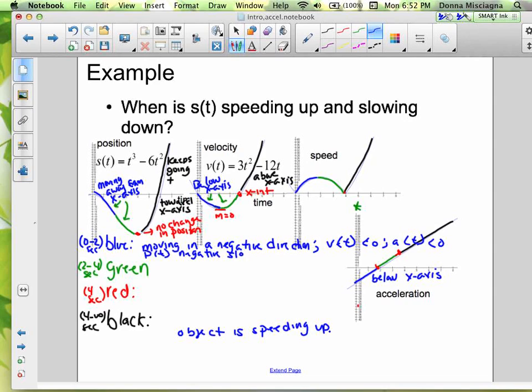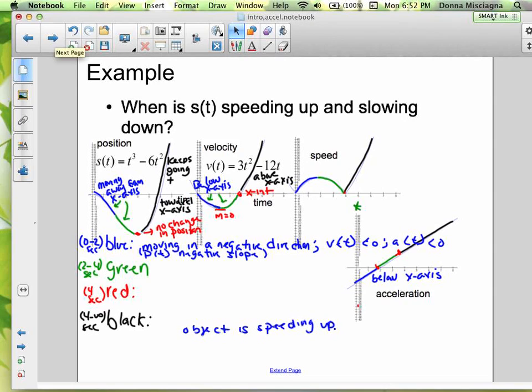Right, because p of t could be positive, it could be above the x-axis. But if the slope is negative, then it's moving in a negative direction. However, when it's moving in a negative direction, v of t will always be less than 0. And in this case, our acceleration happens to match that, which means that the object is speeding up.